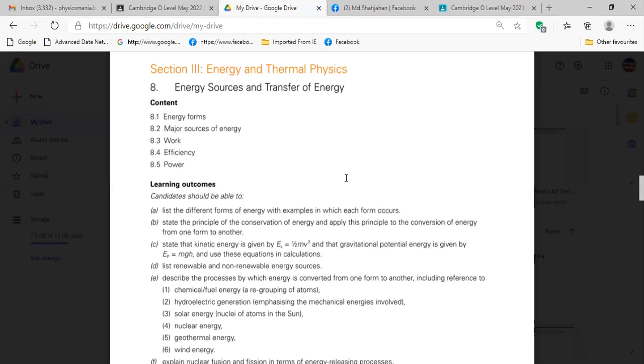The nuclear reaction breaks down a bigger element into two lighter elements and produces a huge amount of heat energy. That heat energy is used to produce steam, high energy steam, which turns the turbine and thus electricity is produced. Is it clear?